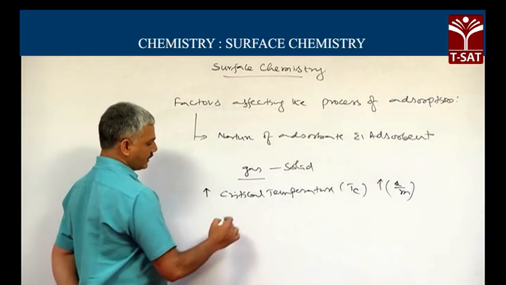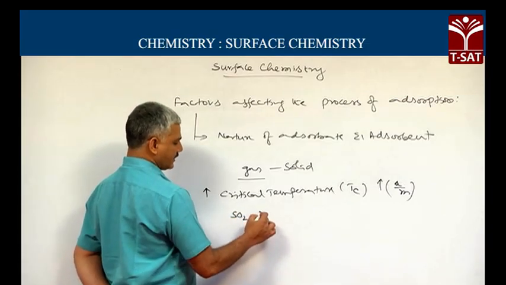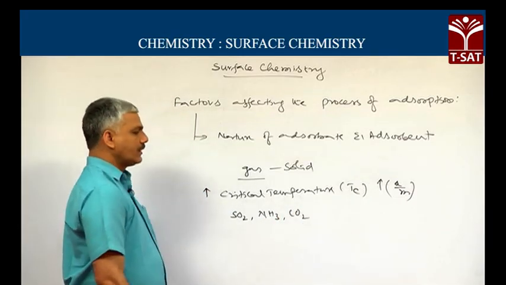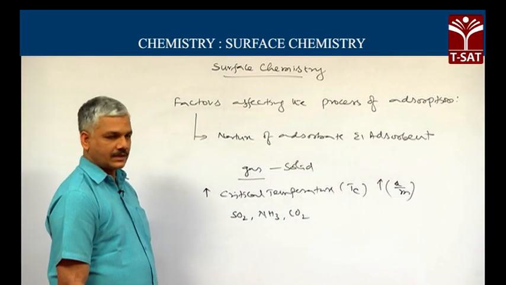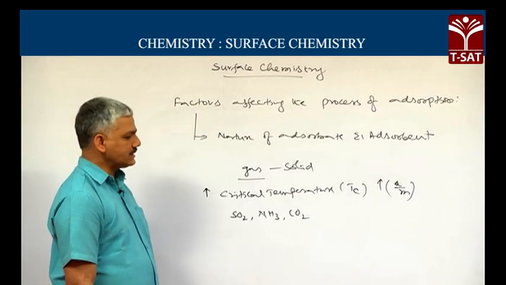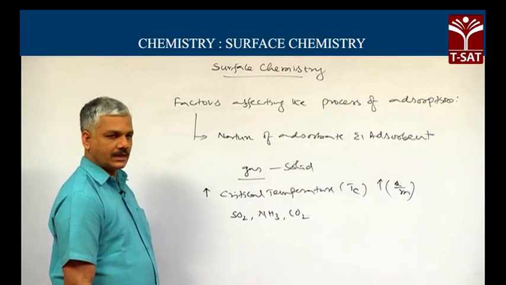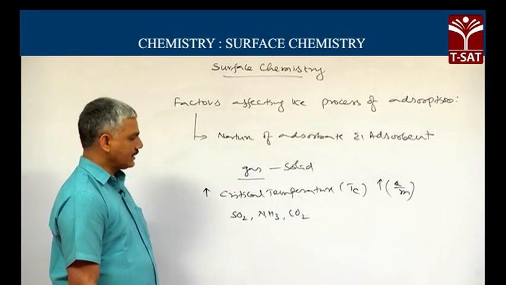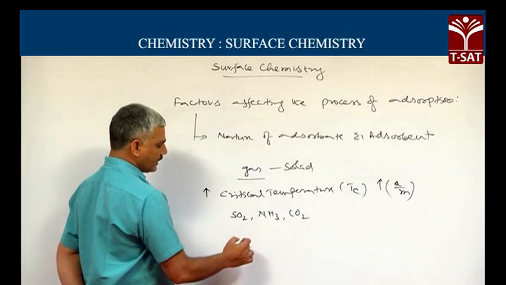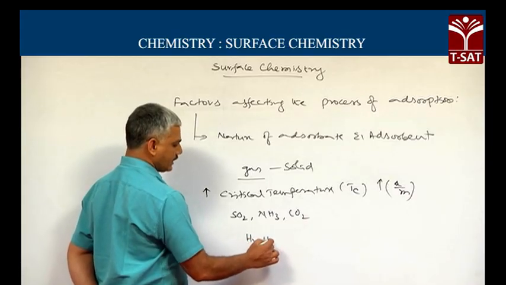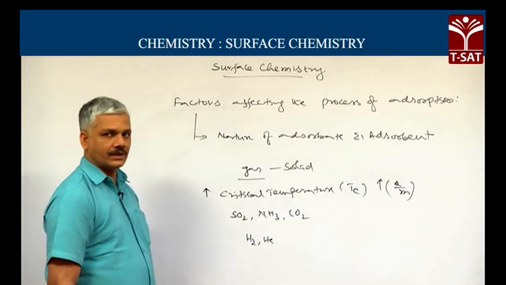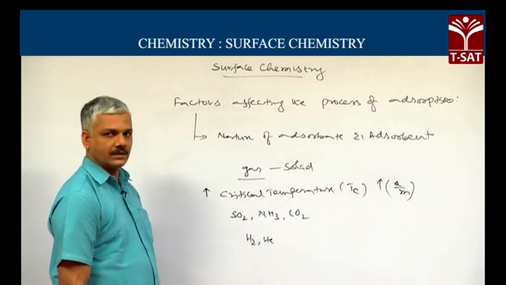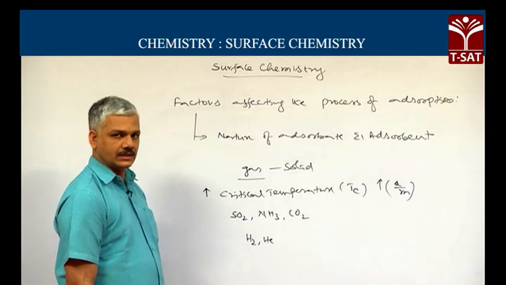Say for example, gases like sulfur dioxide, ammonia, carbon dioxide, which have very high critical temperature values, are adsorbed easily on the surface of solids like activated charcoal, silica gel, etc. Whereas gases like hydrogen and helium, which have very low critical temperature values, are not adsorbed on any surface easily.